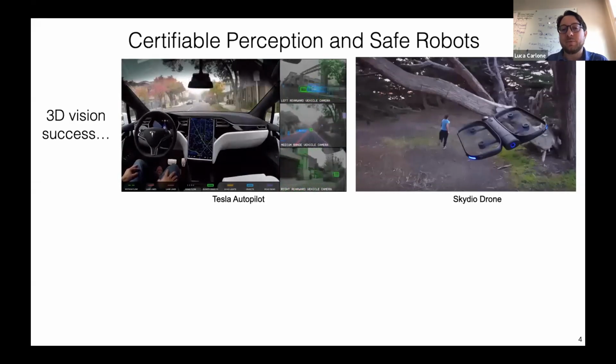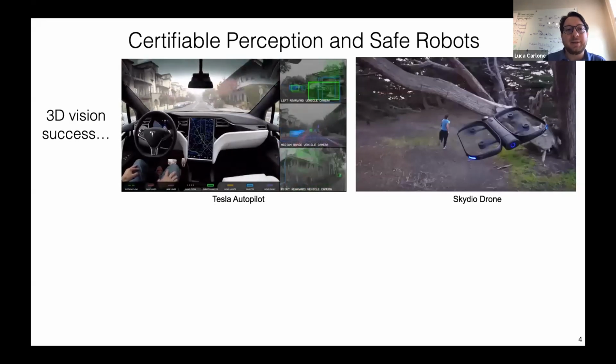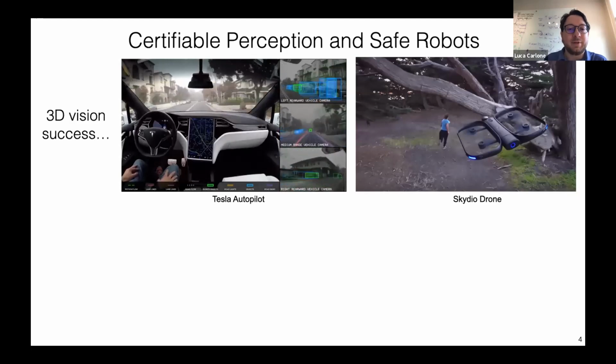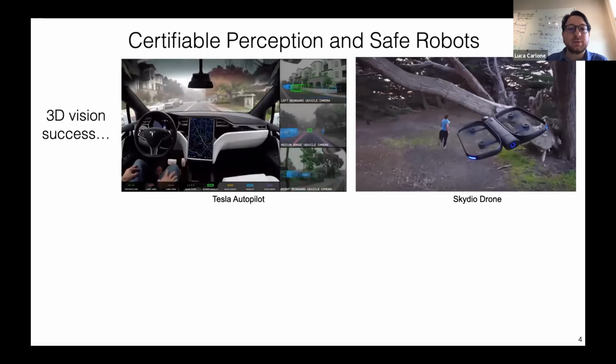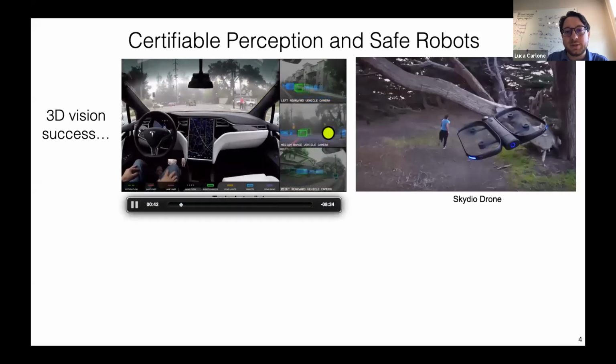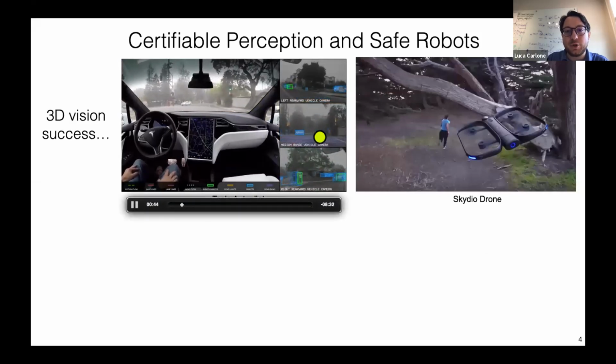Here I'm showing a couple of very relevant examples. On the left, you see the self-driving car, the Tesla autopilot, and you can see that in this demo, which at this point is a few years old, there is a lot of computer vision and perception going on.